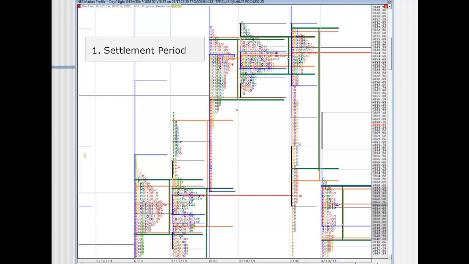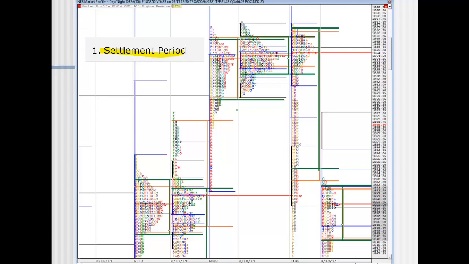And now we're going to introduce the settlement period. We talked about it earlier in terms of the general vocabulary, but now we're going to talk a little bit more about what it is and why it is really a very important period in the market. Now, the settlement period, in this case, we are looking at a chart or profiles of the ES Mini.